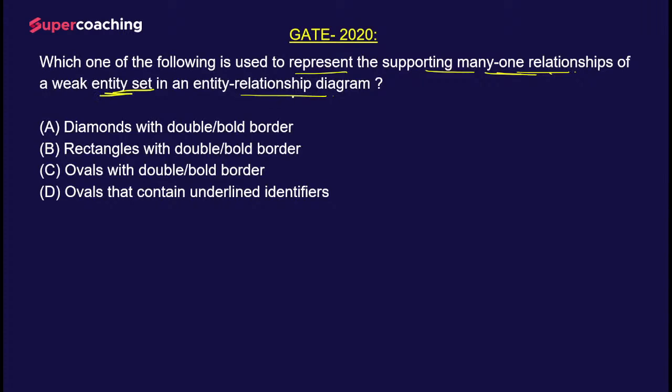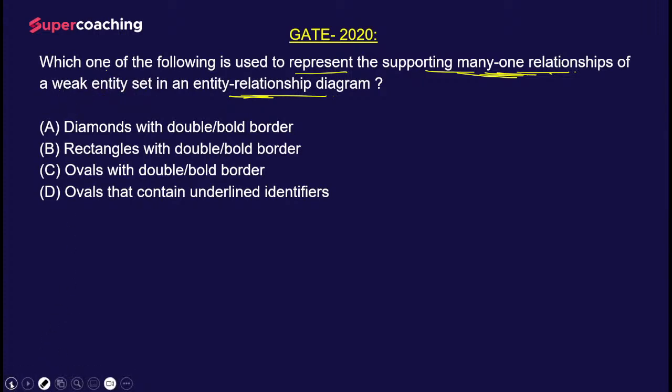How do you represent a weak entity set in the ER model? First of all, entity is represented by weak entity set in an entity relationship diagram. Supporting many-to-one relationship. Many-to-one relationship with weak entity set.